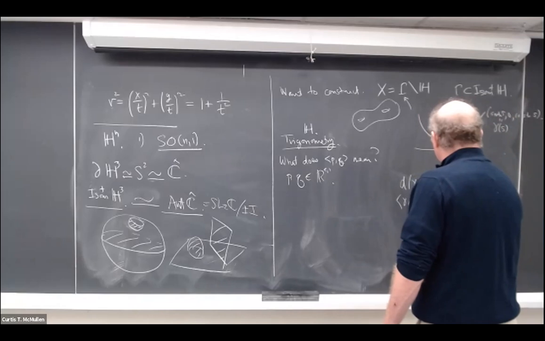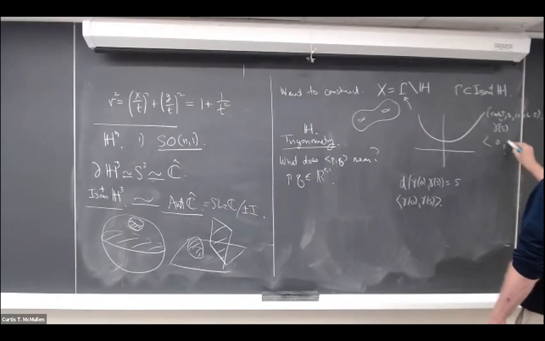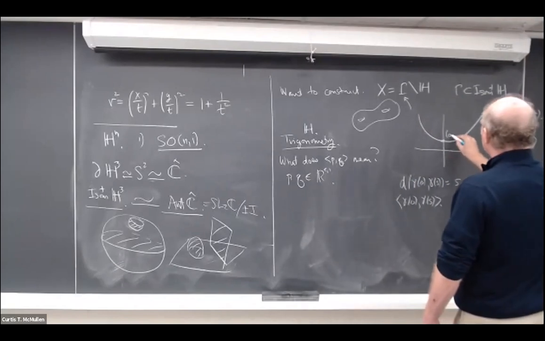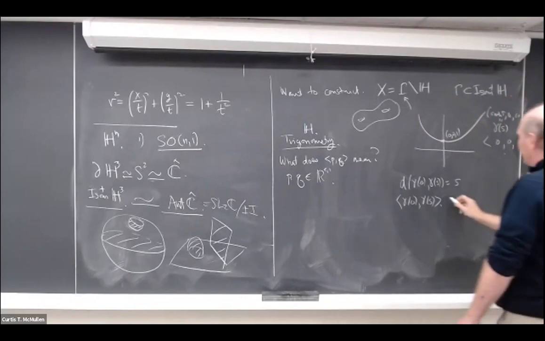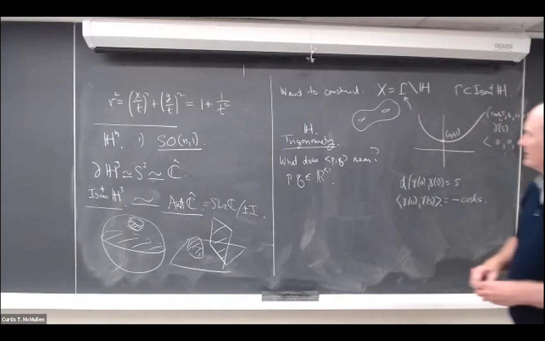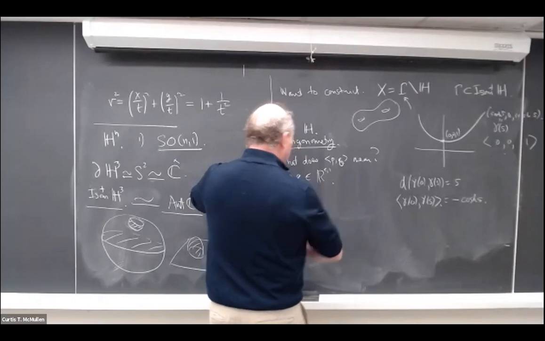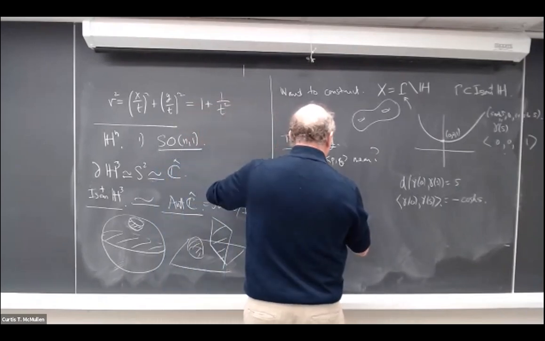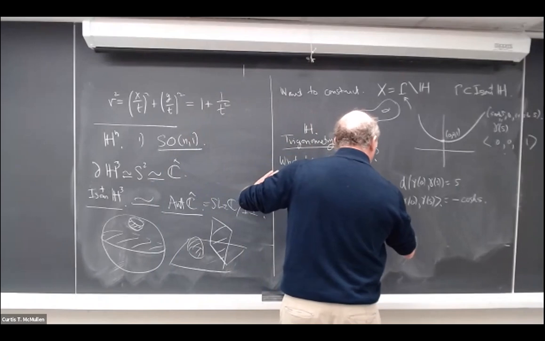The Minkowski inner product between gamma 0 and gamma s: gamma 0 is the vector (0, 0, 1), so the inner product has just one term, the one that is minus the cosh of s, which is the distance between them. So what we find is that if P and Q are in hyperbolic space, then the inner product between P and Q is minus the cosh of the distance from P to Q.